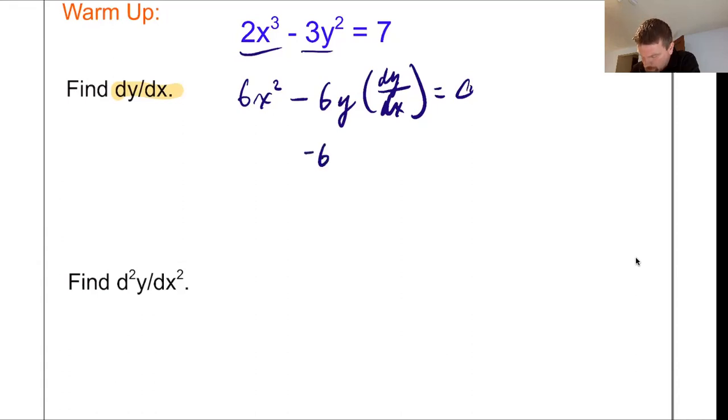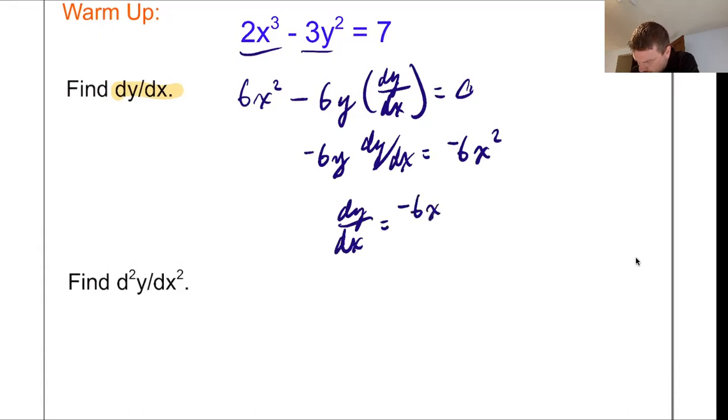Negative 6y dy/dx would equal a negative 6x squared. I'm moving the 6x squared to the other side. Dividing, I'll have dy/dx equals negative 6x squared over negative 6y, which we could simplify to just being x squared over y.